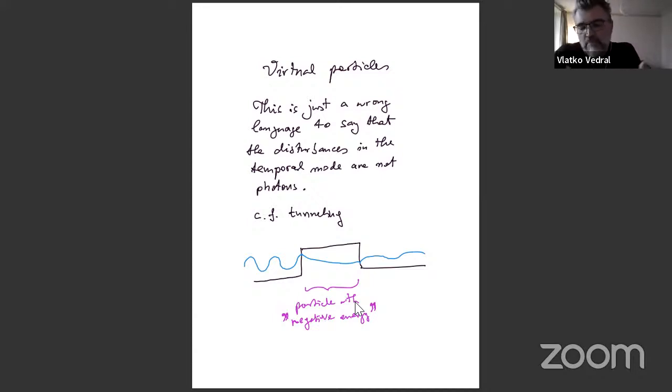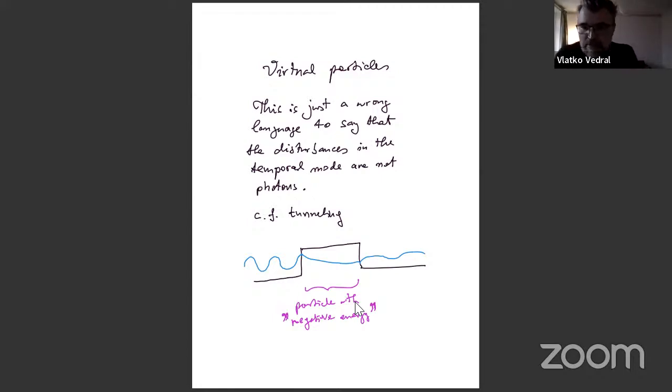Why virtual? Because we already concluded that these modes, the temporal mode, cannot have disturbances that are the same as free propagating photons in the transverse modes. There are disturbances, they are coherent states actually. That's what kind of disturbance you get. But you cannot create states that behave like free propagating photons in these modes.